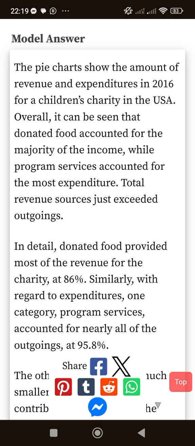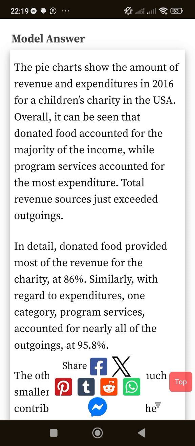And then we have got the summary, the main point, the most important point given here right in the very first paragraph. Overall, it can be seen that donated food accounted for the majority of the income. So see, the most important point, the key feature, that summarizes the most important information is given right in the very beginning.